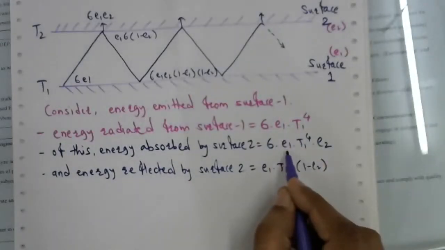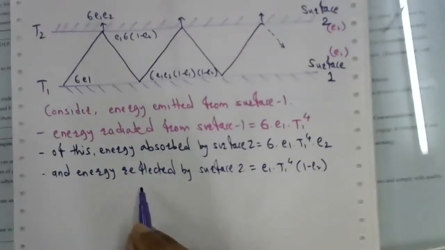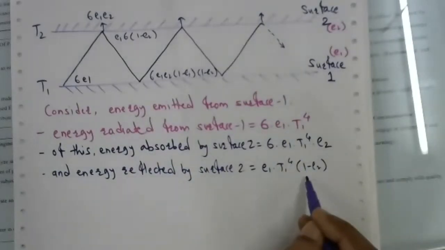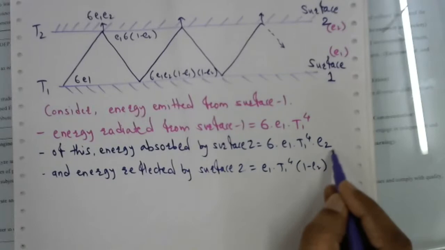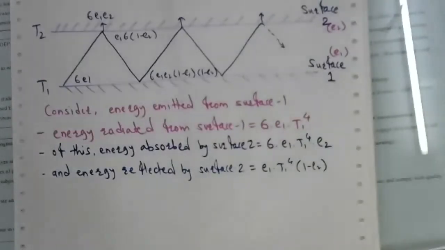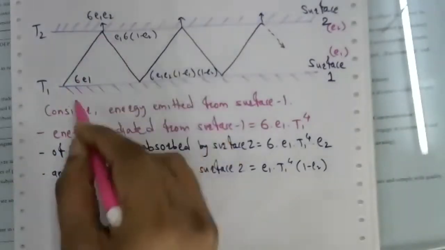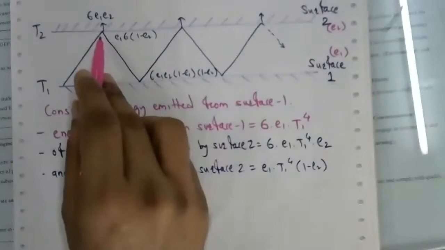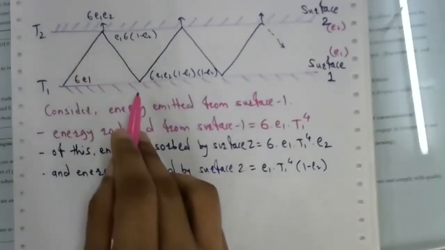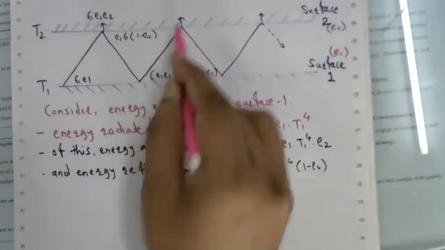Some part is absorbed, that is why it is multiplied by E2, and some part is reflected. Which part is reflected? That is 1 minus E2, the remaining part after the absorbed portion. So from sigma E1, some part is absorbed and some part is reflected.